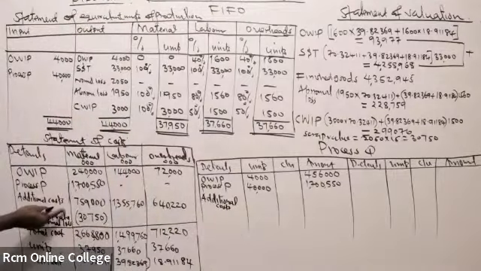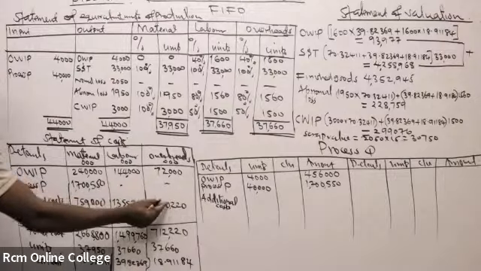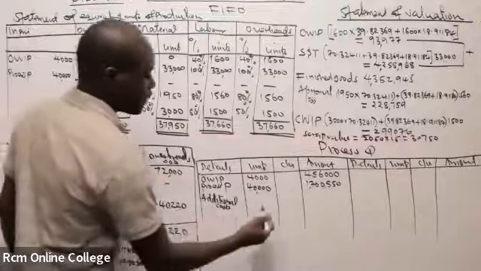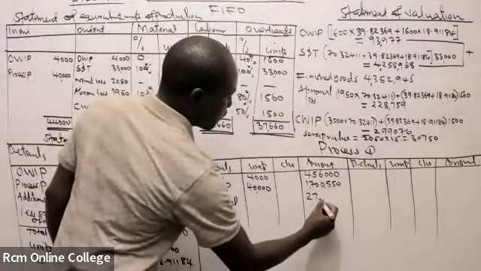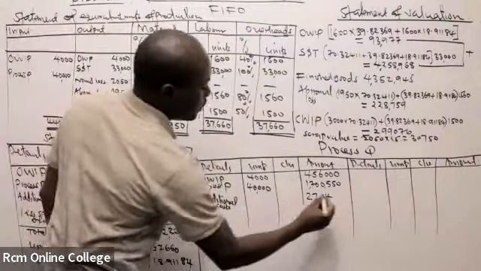So the additional cost, we have material, we have labor, we have overheads. Can we add the three figures? 2754,980.